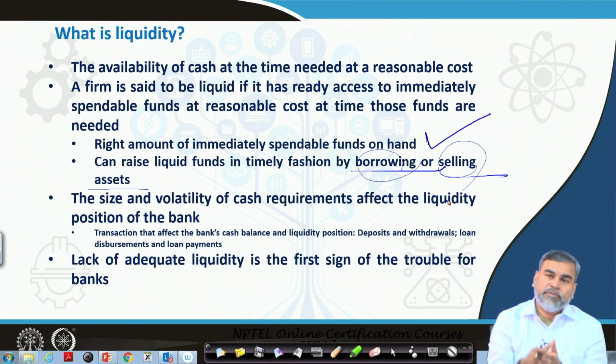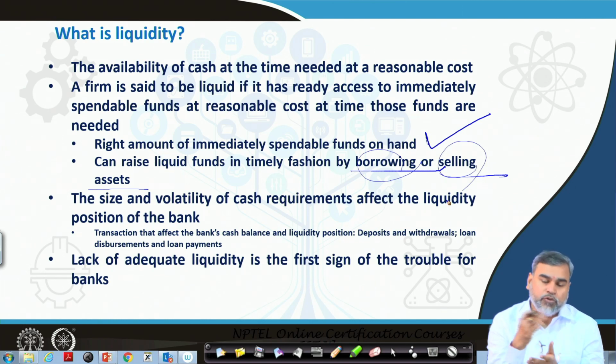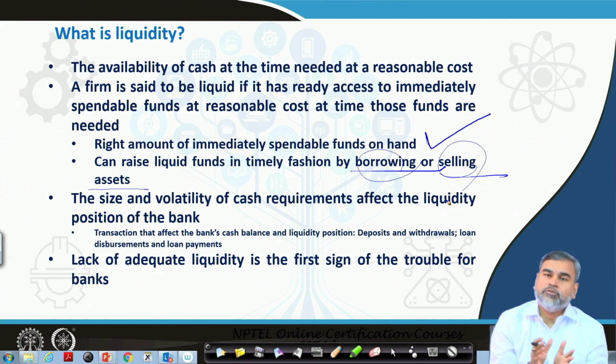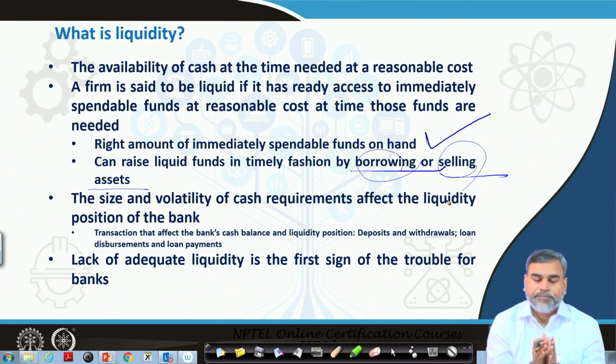Because the deposits have been lent out, given as loans, and if the money you borrowed carries a higher interest rate than the lending rate the commercial banks charge, then the commercial banks are going to incur a huge loss at that point of time. So, that is why we have to ensure that.